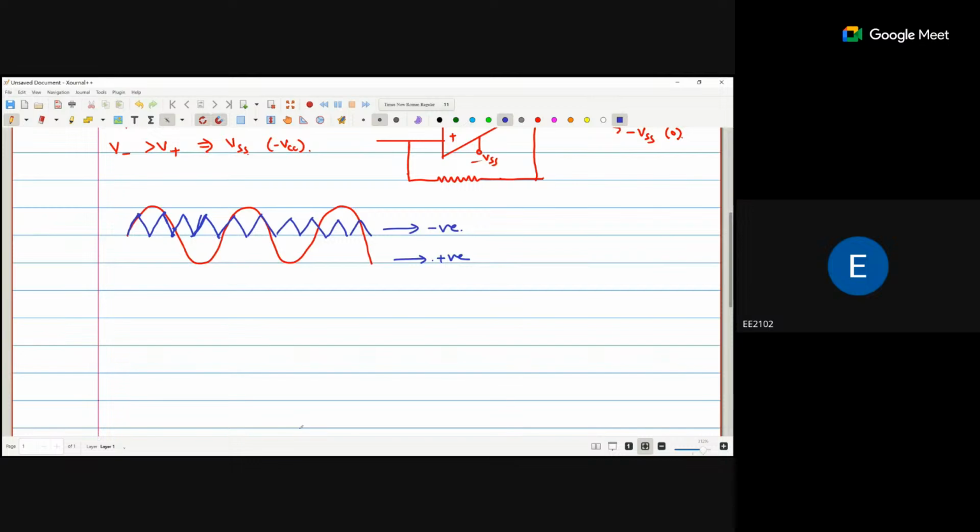Why? Because when the ramp signal is this one, the sinusoidal signal is higher. If you check every instant of the time period, you can say that till this point your sinusoidal signal is higher than the ramp signal.